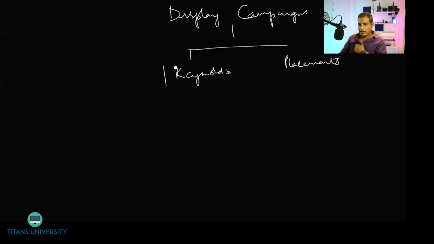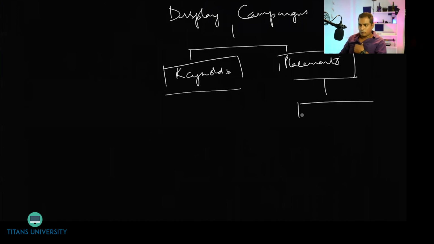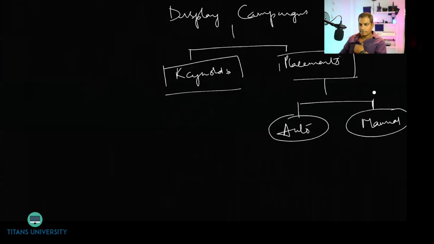Now, mind you, I am not talking about as a user, I'm talking about as an advertiser. If I am an advertiser and if I want to run display campaigns, I either have to give keywords or I can find placements. Now, these placements can be found in two ways. One, Google can find them for me, which is auto placements. Or I can go ahead, research and find out certain placements, which are called manual placements.